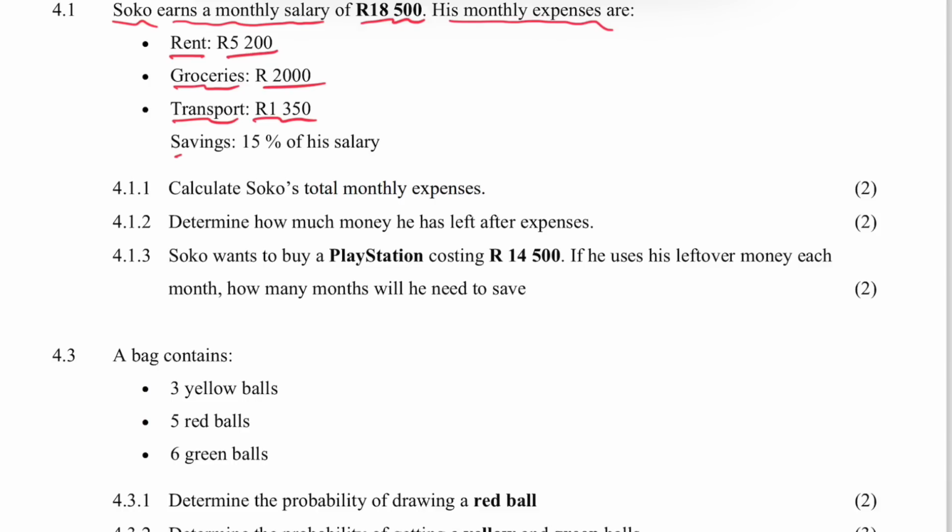And lastly, he has savings, he saves 15% of his salary. So these are the expenses, that's what he spends his money on every month. Now, 4.1.1 says calculate Soko's total monthly expense.